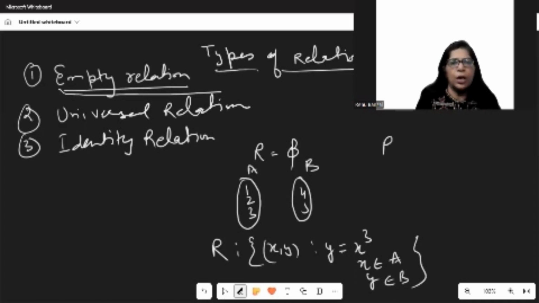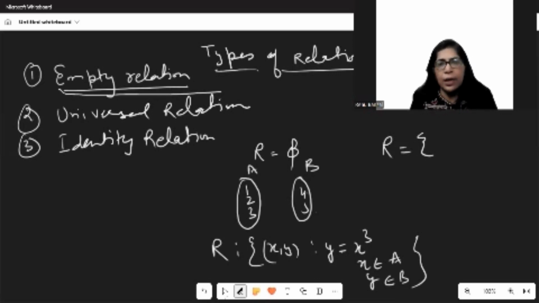First of all, R: if I do cube of x, 1 cube is 1, is it here? No. 2 cube is 8, is it here? No. 3 cube is 27, is it here? No. So that means I can't write any element here. So R is phi.